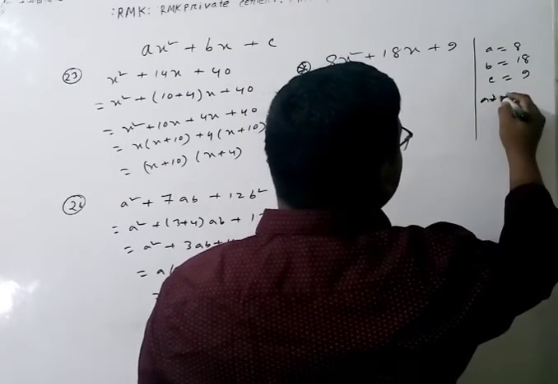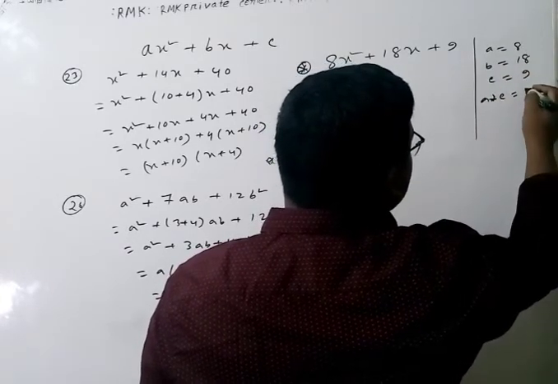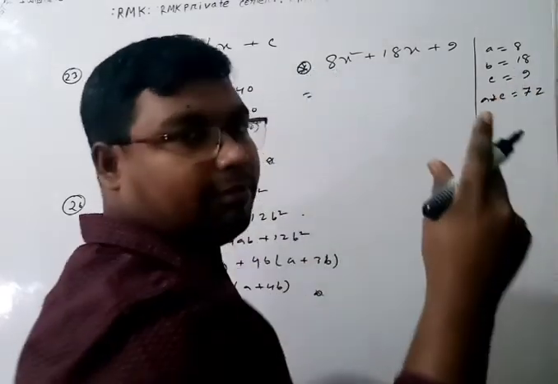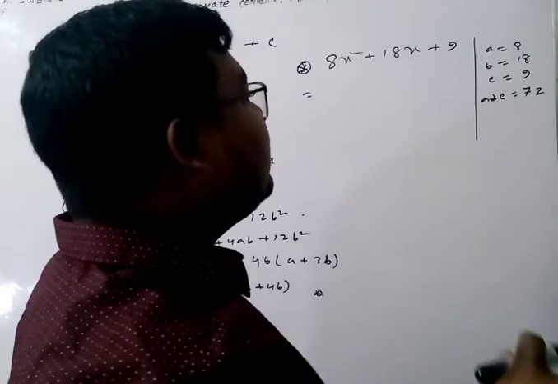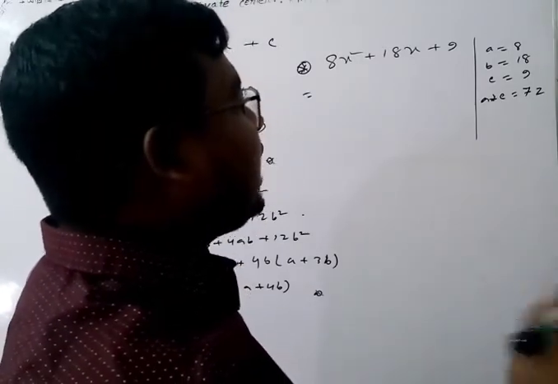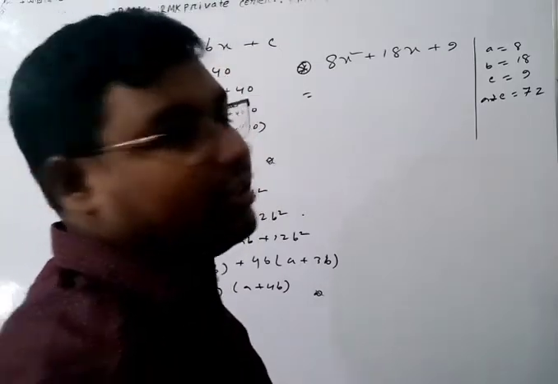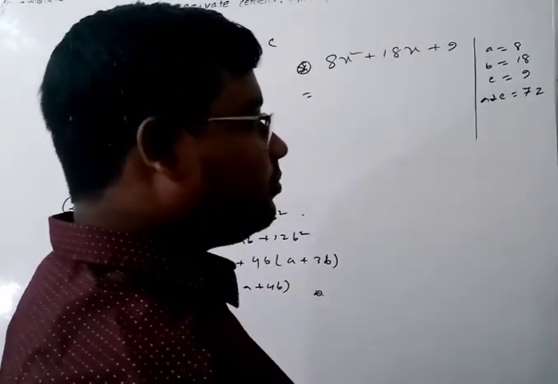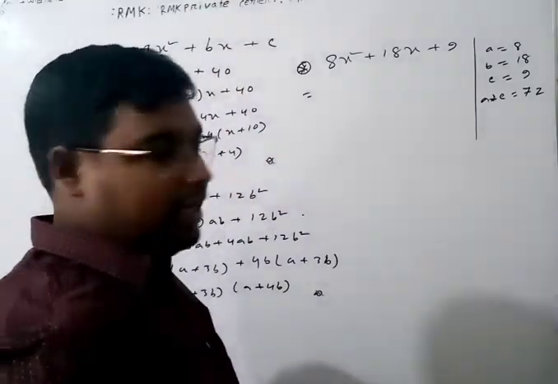So a into c is 9 8s are 72. So you must find out two numbers whose multiplication is equal to 72 and the sum of the numbers is equal to 18. What are the numbers? Yes, very good.